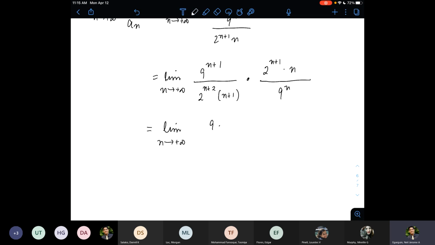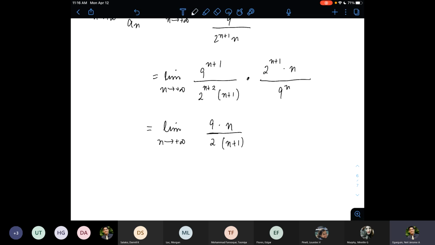And then here I have 2 to the n plus 1, and here I have 2 to the n plus 2, so I will have a 2 left in the denominator, right? Because when I cancel this, I'll have 2 left in the denominator. And then what else? We'll have an n on top and an n plus 1 in the denominator.